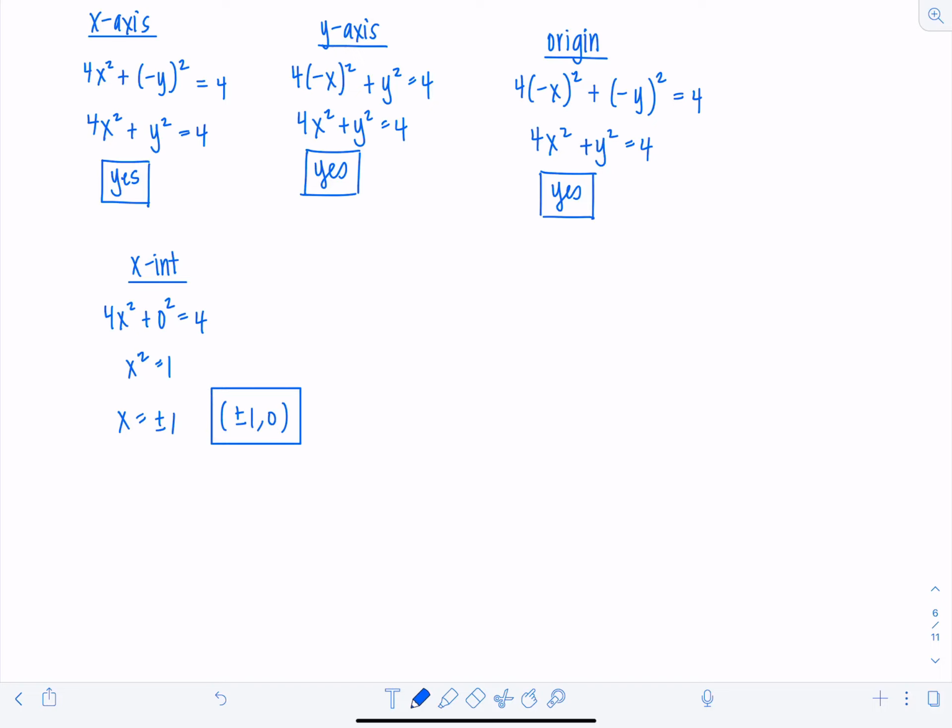Very good. And then y-intercept, or intercepts in this case. So we have 4. Substitute in 0 for x squared plus y squared is 4. So that's just y squared is 4, which is y equals plus or minus 2. So we get 0 plus or minus 2 for our y-intercepts.